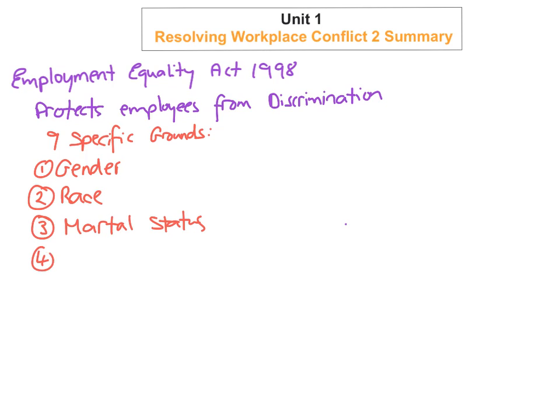The fourth one is against someone's sexual orientation. The fifth one is against somebody if they have a disability.